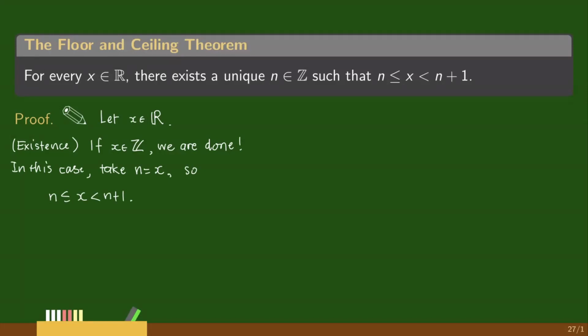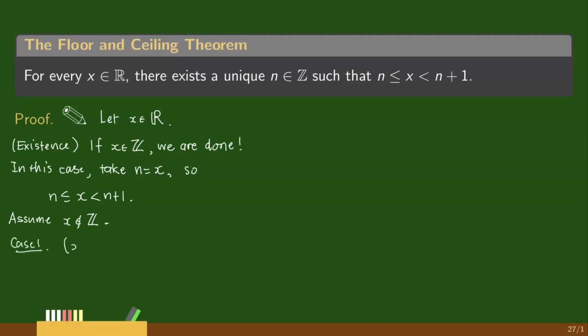So, for the rest of the proof, we will assume that x is not an integer para may thrill, no? Kasi kapag x ay hindi integer, talagang nasa gitna siya ng dalawang magkasunod na integer. Ang tanong, how sure are you that such an integer will exist, no? Okay, case 1.